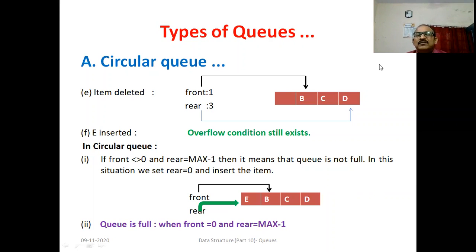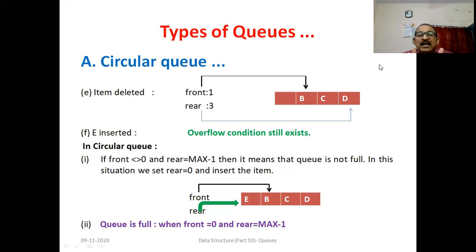It means that the queue is not full, and we simply set rear equal to 0 and perform the insert operation. Now here in the picture you can see front is pointing to element B and we can insert the item at location rear equal to 0. Here you can see now rear is pointing to element E.